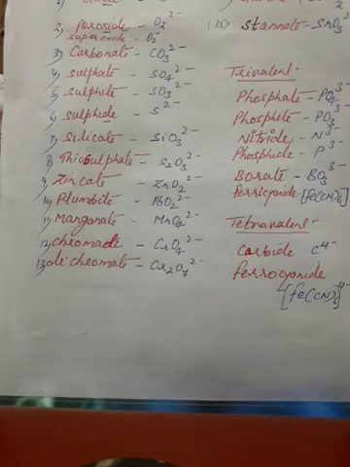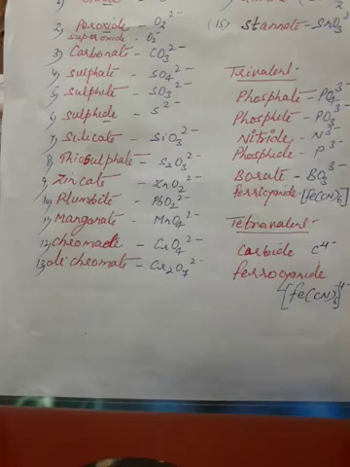And superoxide is also there. Here O2 having valency 1, it will be known as superoxide. So just write together and try to learn. Oxide O 2 minus, peroxide O2 2 minus, and superoxide O2 1 minus. Later I will explain how they form compounds also.